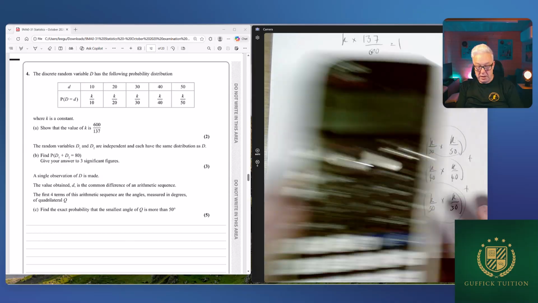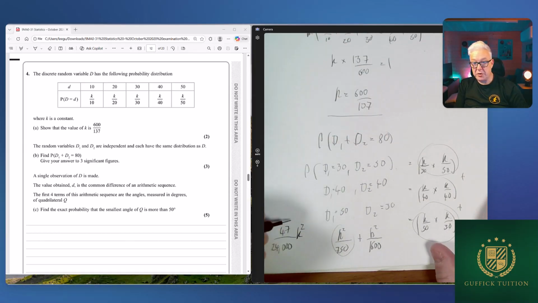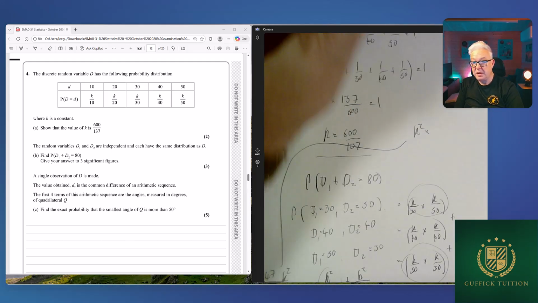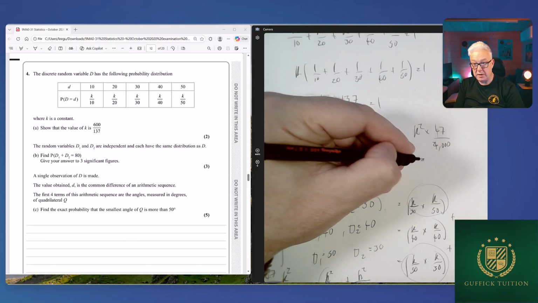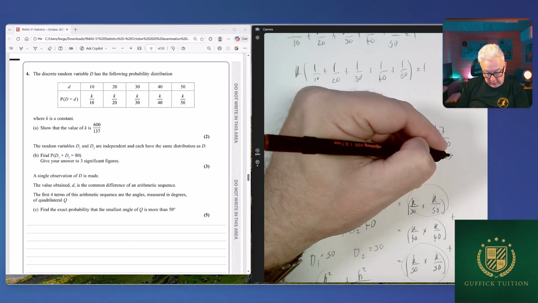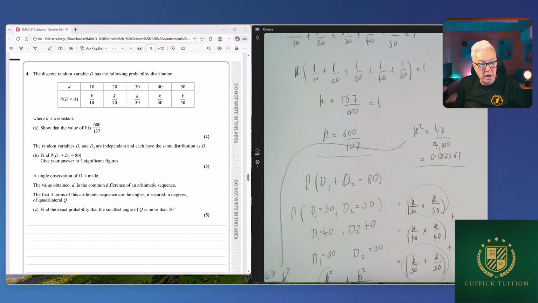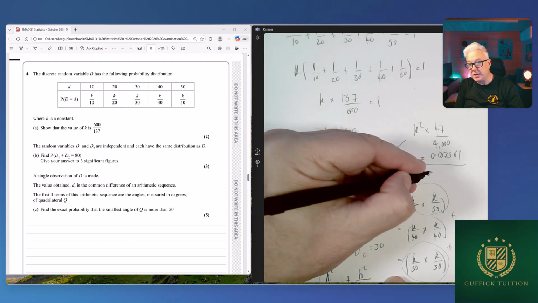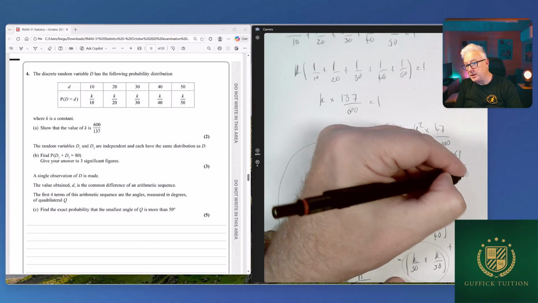So that is k squared times 47 over 24,000, and that turns out to be 0.037561. Give your answer to three significant figures. So 0.0376 to three significant figures.